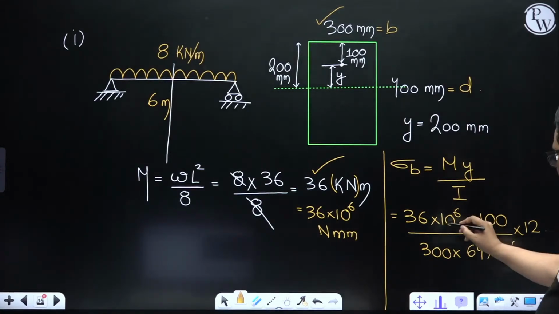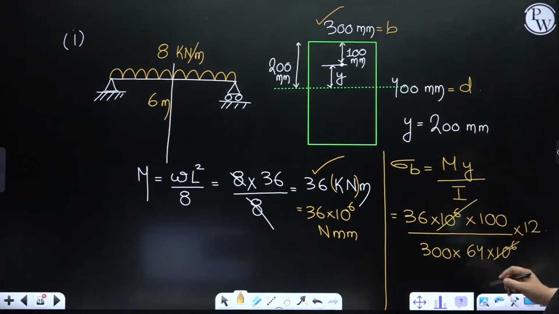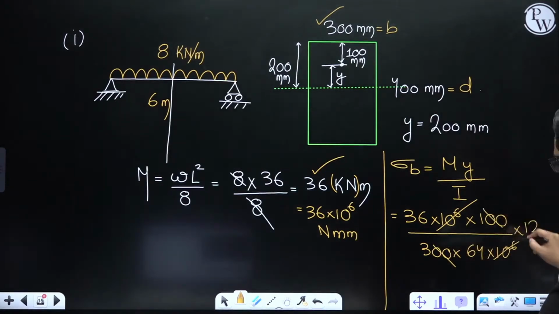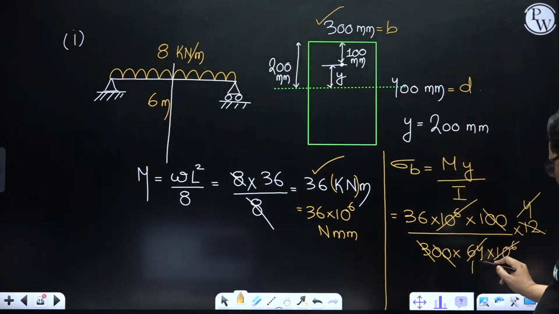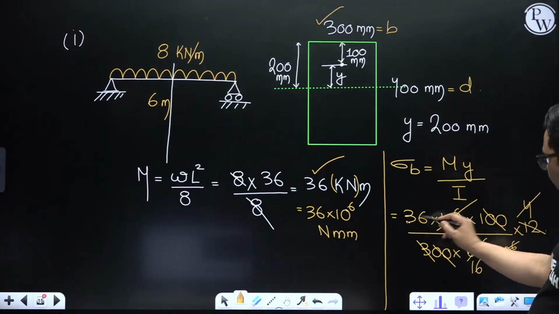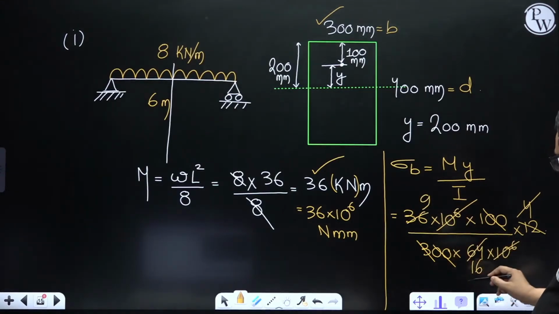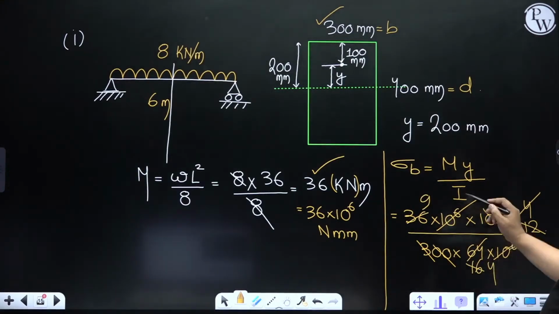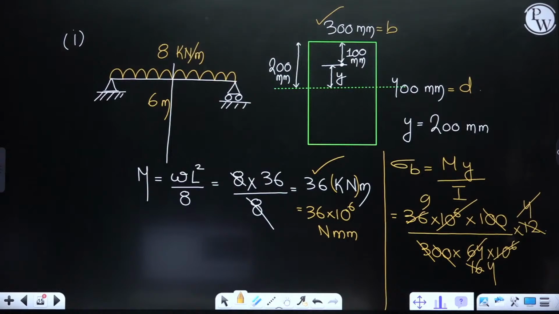So you can do some cancellation. We get a 16 here, right? If we divide by 4, it is 9 and this is 4. So 9 by 4 is 2.25.